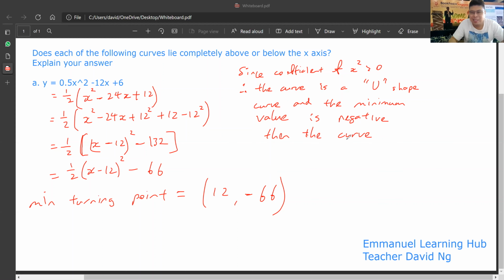Nope. Then the curve is not. The curve does not lie completely above the x-axis.